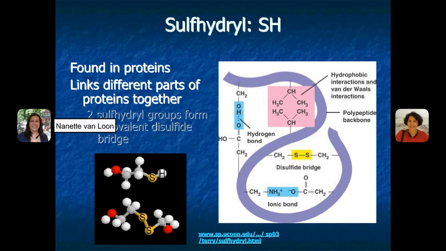The sulfhydryl functional group is found in the amino acid cysteine, which we can see over here.